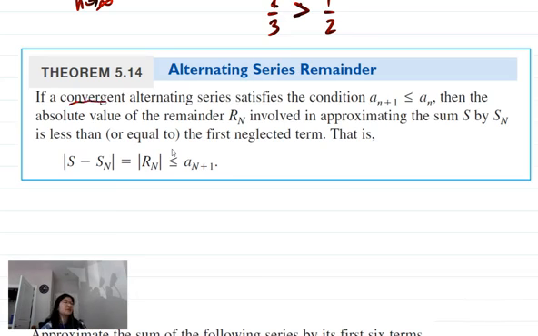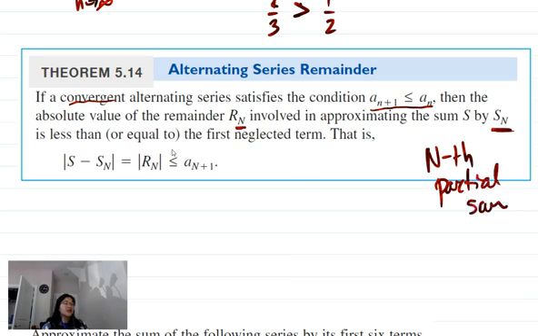So if we have a convergent alternating series that satisfies this condition, which is part of our alternating series convergence, then the absolute value of the remainder, R sub capital N, involved in approximating the sum S by S sub capital N, our capital Nth partial sum, is less than or equal to the first neglected term. So it's the first term that you don't use.